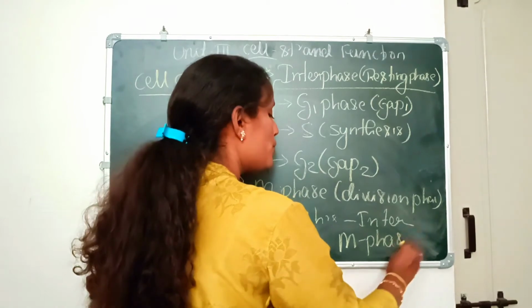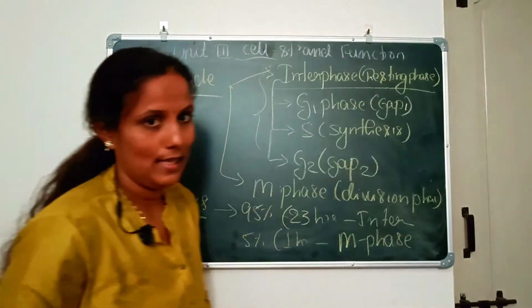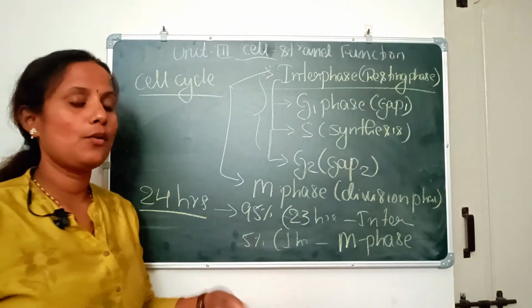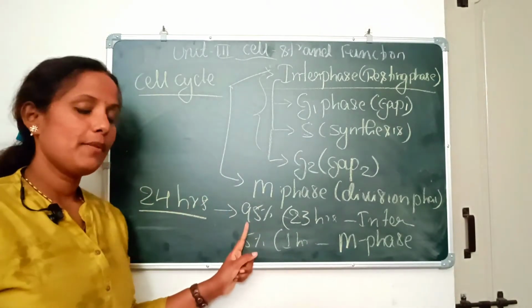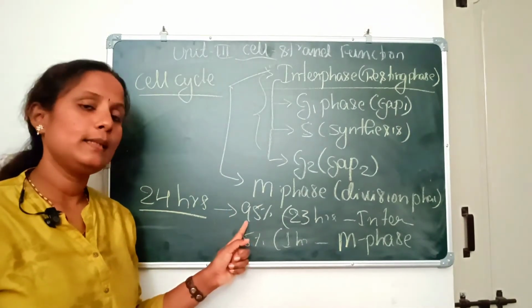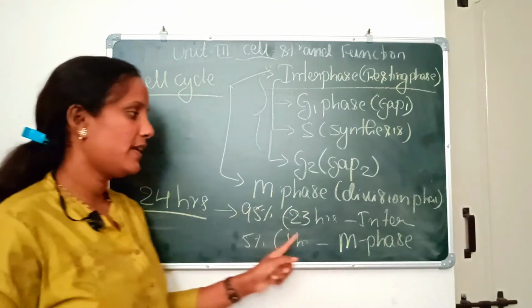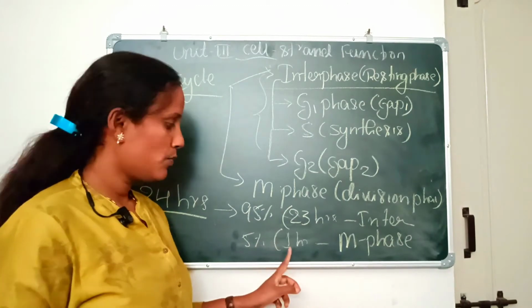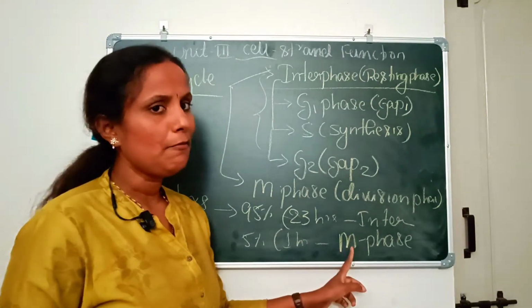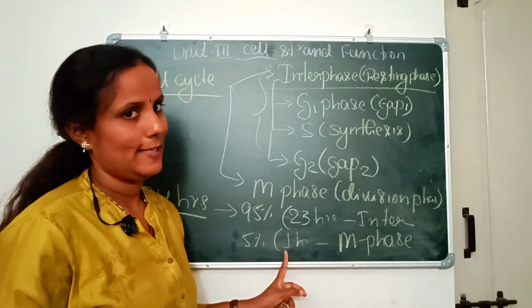It is true for all kinds of cells, eukaryotic or prokaryotic, anything. Here 95% of the generation time will be spent in interphase, and the remaining 5% is spent in the M phase or the division phase.